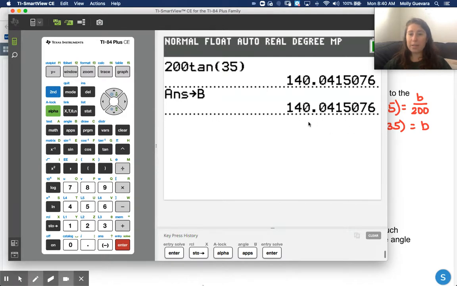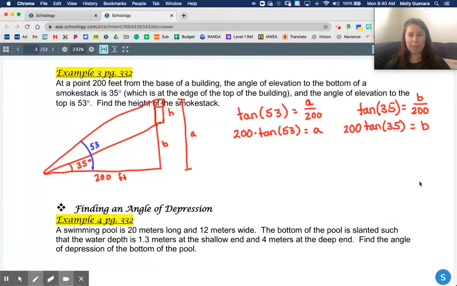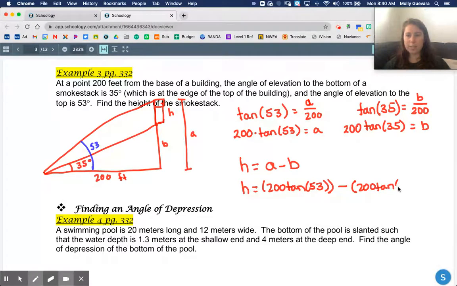So here's B, right? So I have A and I have B. Well, if I look at my problem, H is going to be the difference of A and B, right? A minus B is H. So H is going to be that 200 tangent of 53 minus 200 tangent of 35. But because we have these numbers stored already, I can just do A minus B in my calculator.